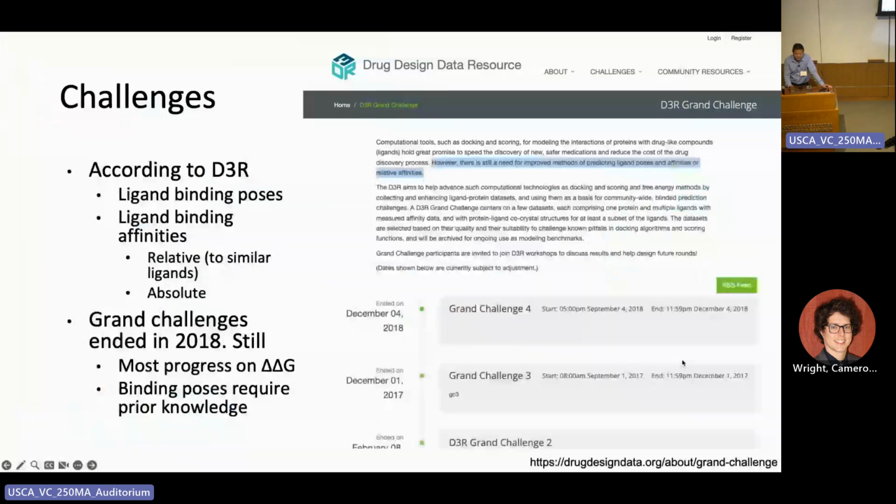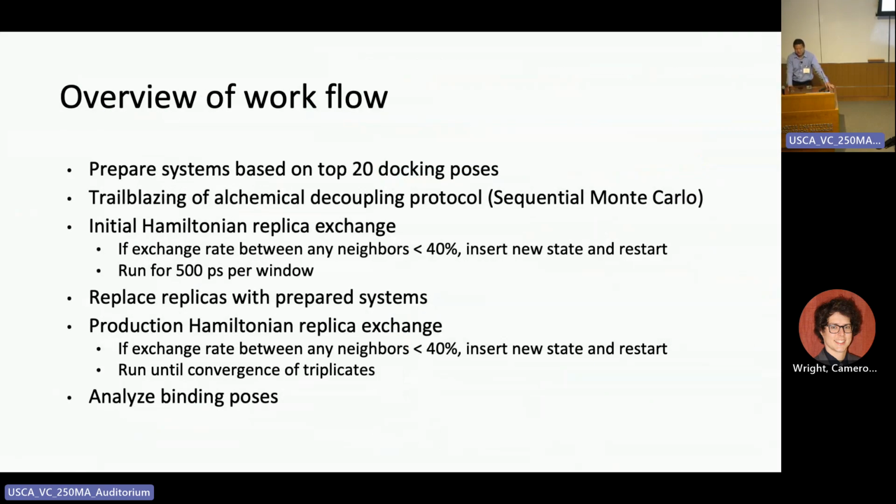This is mostly done by an undergrad and a grad student who did some development of Yank to do some state insertion. And we know this is still a big challenge. What we did, we prepared systems with all these different docking poses.